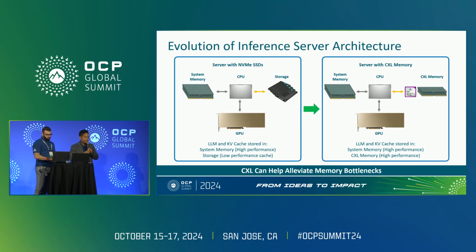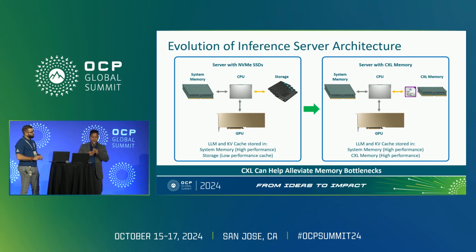If you look at the evolution of what we were seeing in the past and moving forward, NVMe is a very popular caching hardware, and a lot of the computing is done by GPUs. On the left-hand side, I tried to make a very simple illustration of how data movement happens in the context of KV cache.